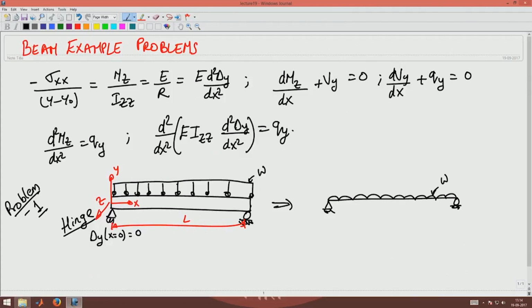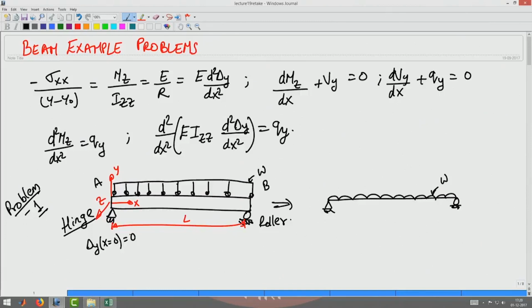So, basically that being a hinge, it will resist the vertical deflection, it will resist the horizontal deflection, and hence there will be a traction acting on that surface.